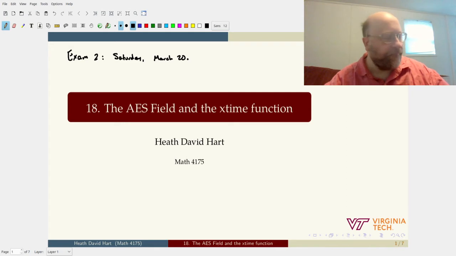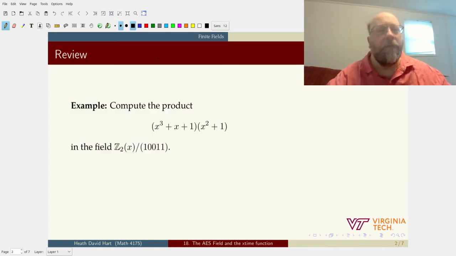All right, let's go ahead and move on. This is a problem we did last time. I just want to review how this works. We have this field with this modulus. This polynomial is x to the fourth plus x plus 1.